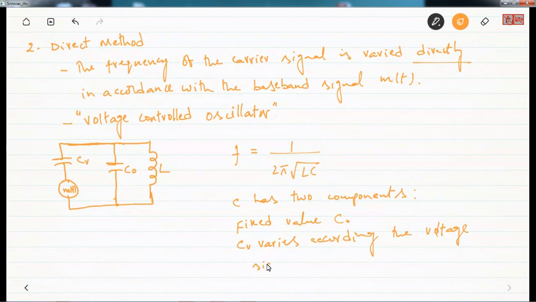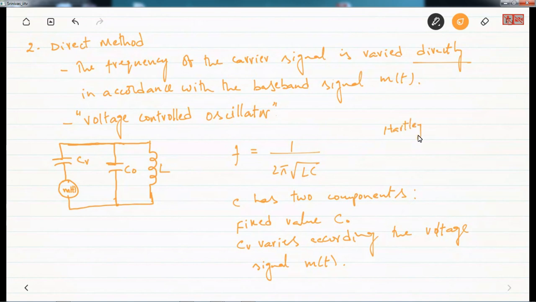So when m of t varies, CV varies, right? This capacitance varies, and when this capacitance varies, the effective capacitance varies, and when the effective capacitance varies, the frequency of the output varies, right? So there is a particular way of generating this, which is called Hartley oscillator.